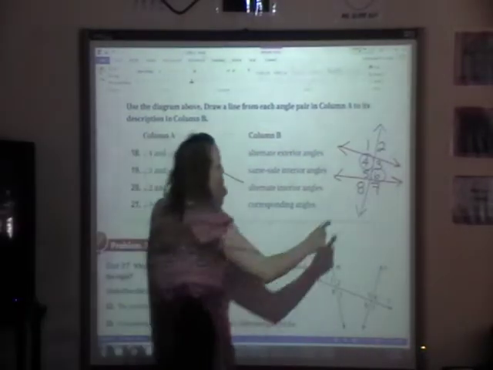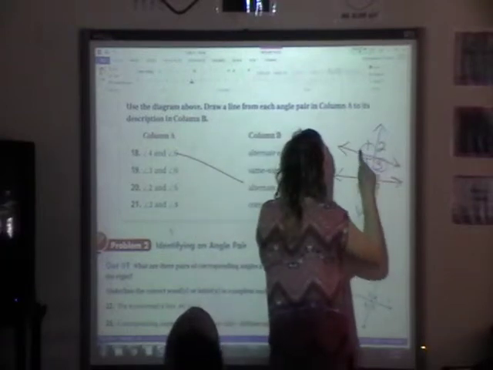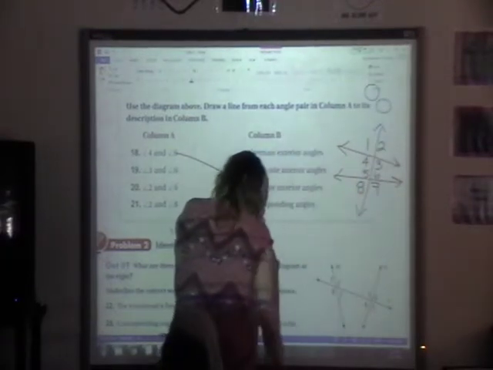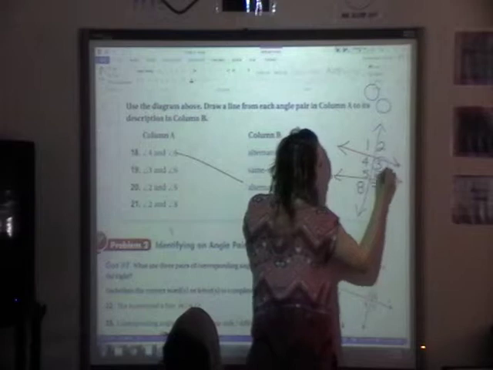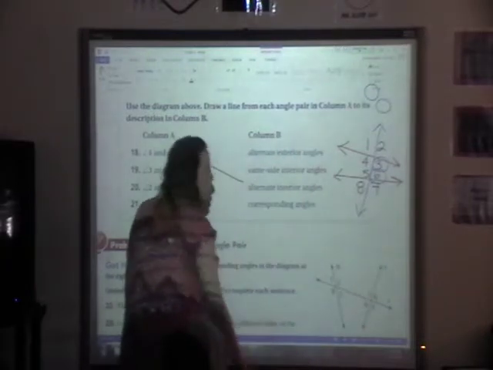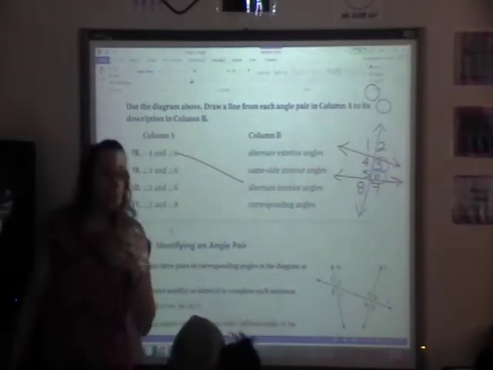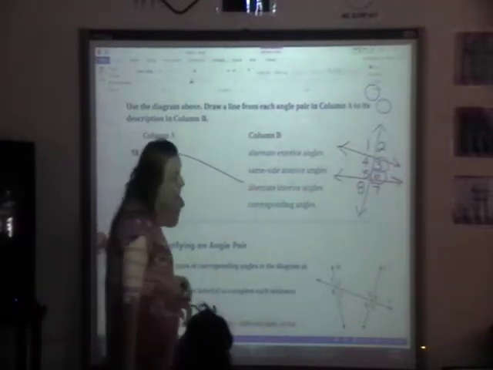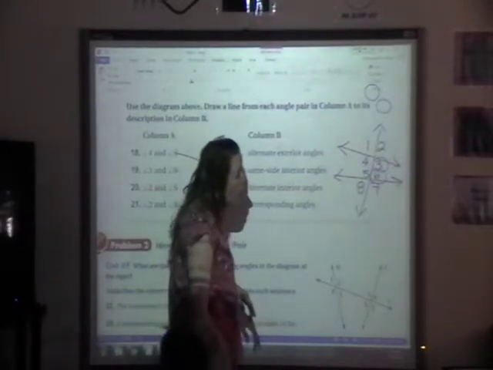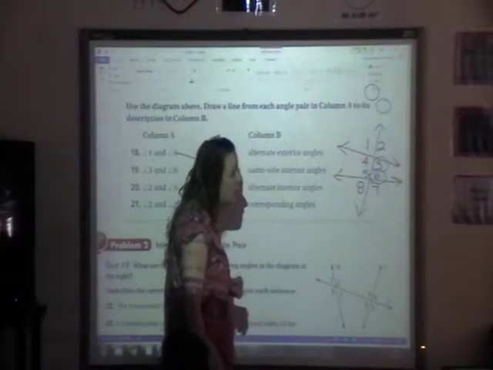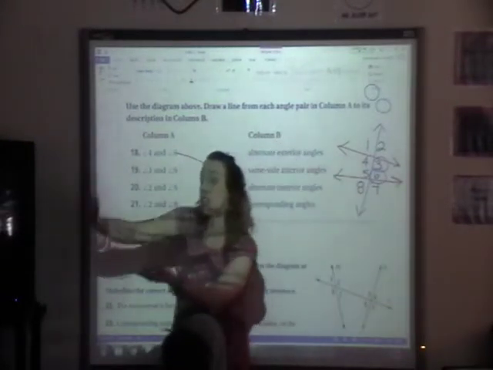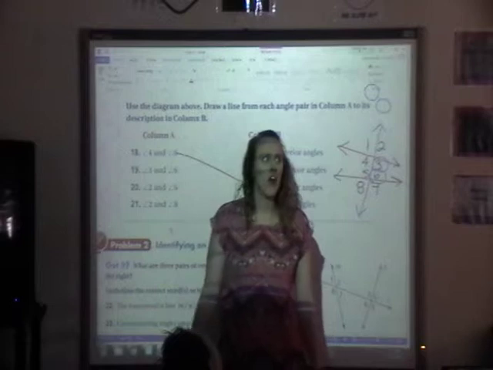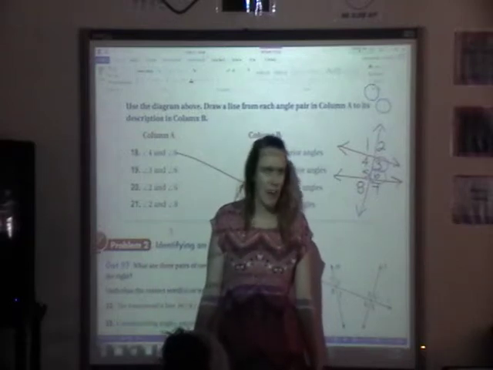So 3 and 6. So here's 3. Inside the interior? Luis, you said same side interior. Tell me why. Same side of what? The interior is like a position, like a place. If you're in your house, where in your house?